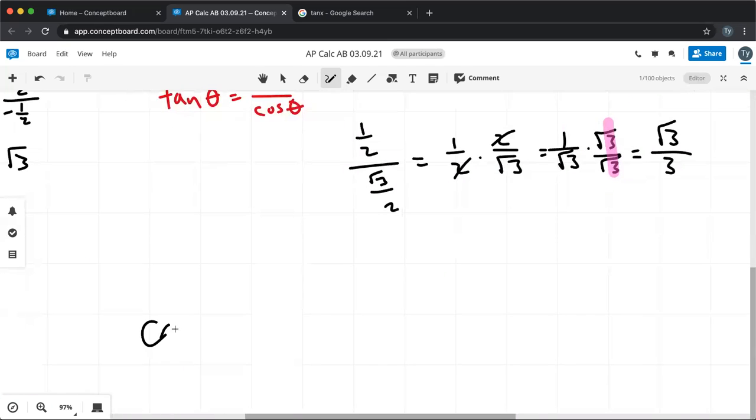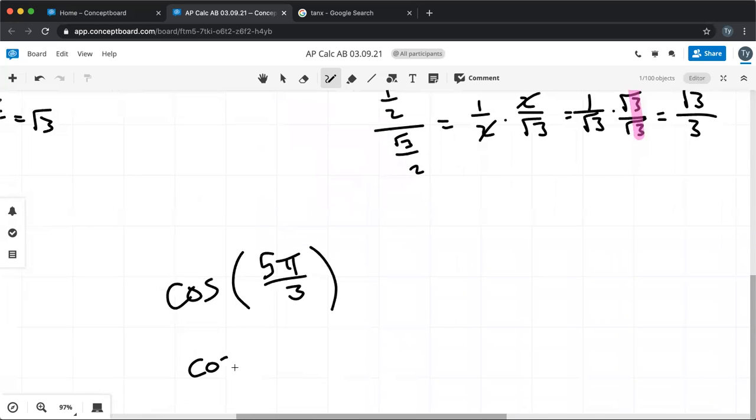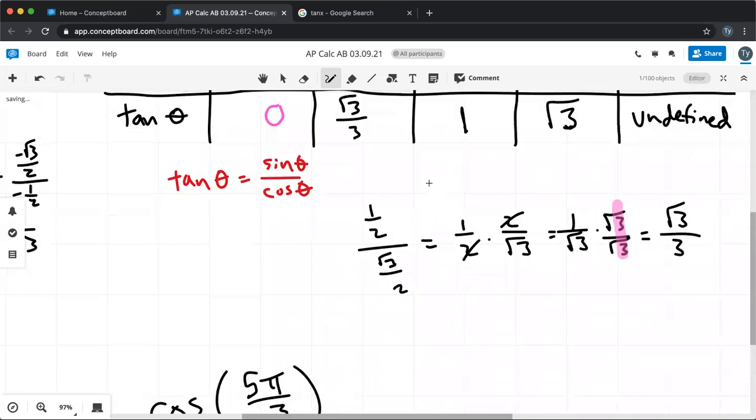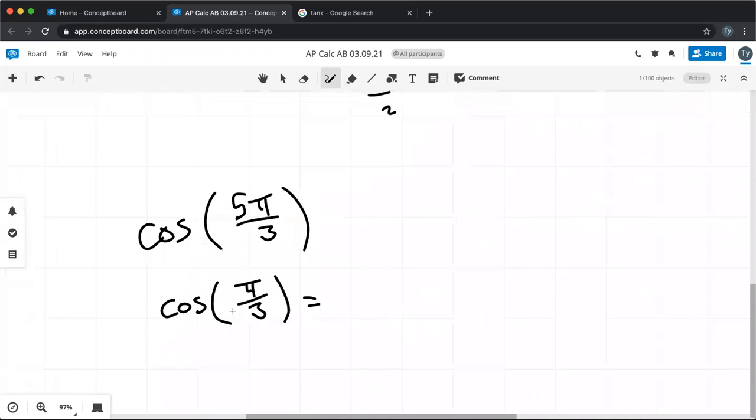Let's say I want cosine of 5 pi over 3. Well, I know that cosine of pi over 3 from the reference table, we go to cosine, that's this row, we go to pi over 3, that's this column, we know it's 1/2. So I know that cosine of pi over 3 is 1/2.